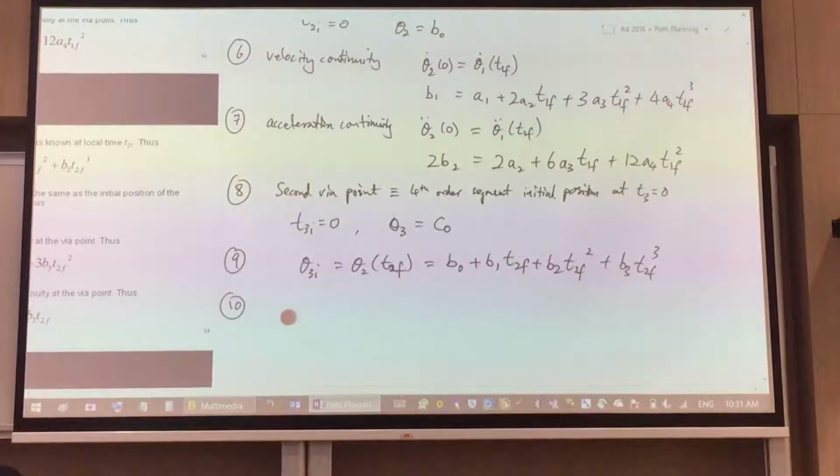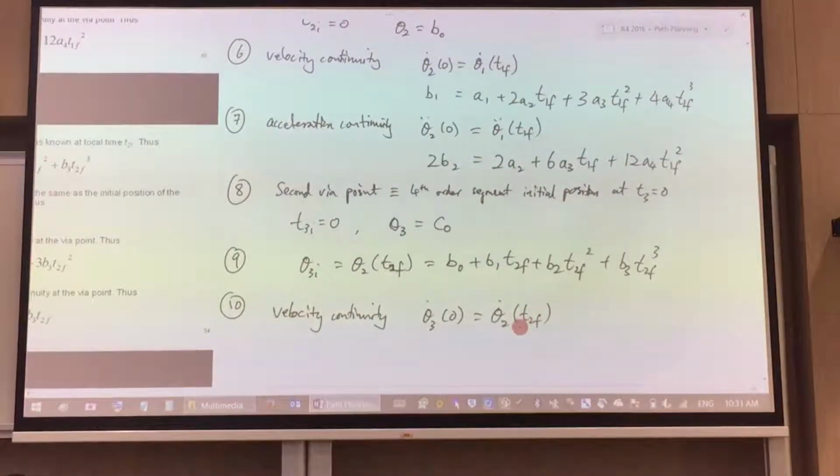The next boundary condition, again, is about velocity continuity. You have theta dot 3 at time equal to 0. This one must be equal to theta dot 2 at t2f. If you write t1f over here, then you lose some out because we are talking between segment 3 and segment 2.